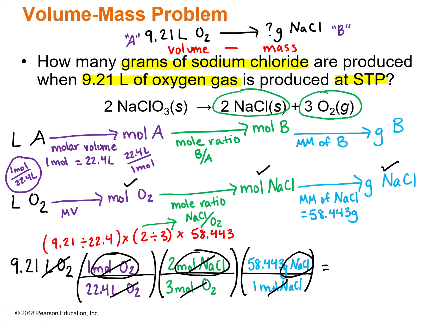Calculators are smart, but you're smarter. When you do all of that, you put it into your calculator, you should get 16 grams of sodium chloride. That's volume to mass.